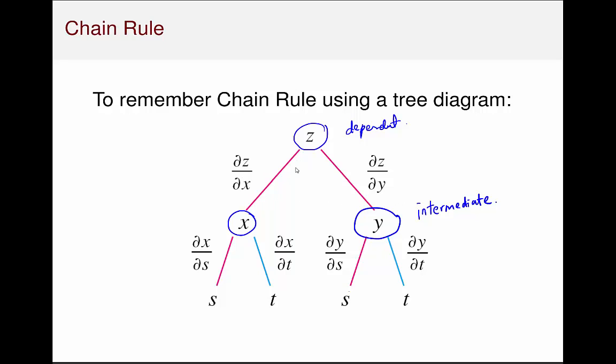For example, along the branch from z to x, we'll have the partial derivative dz dx. So repeating this procedure for all the other branches, including those that go from the intermediate variables to the independent ones, we eventually arrive at the tree diagram for the chain rule.